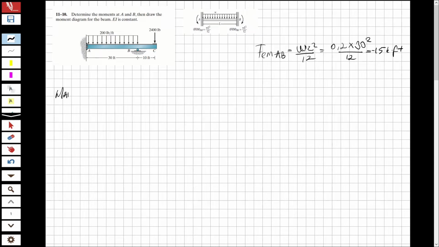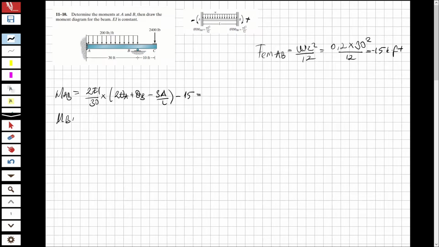And now let's write the equations. For moment AB, 2EI over 30, it's the length of the beam from A to B, times 2 theta A plus theta B minus 3 delta over L. And of course, we have a minus 15 as the fixed end moment, because you know that in the fixed end moment table, here is negative, here is positive.